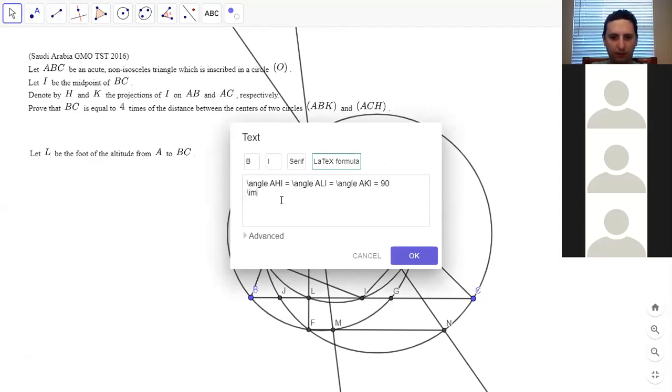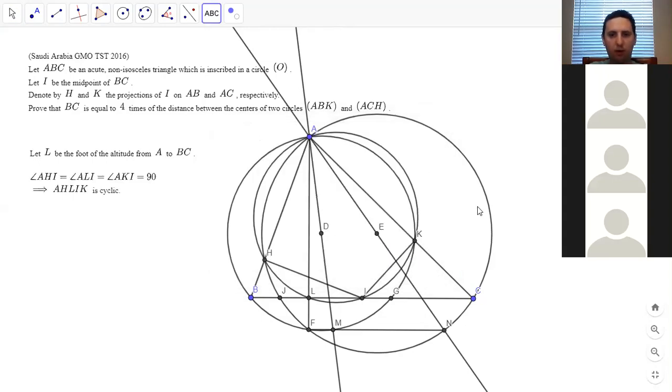And so that means that AHLIK is cyclic. And then we let the two circles intersect BC at G and J.